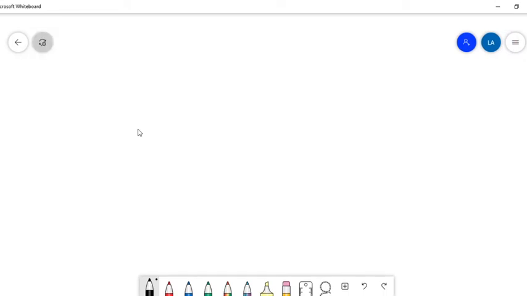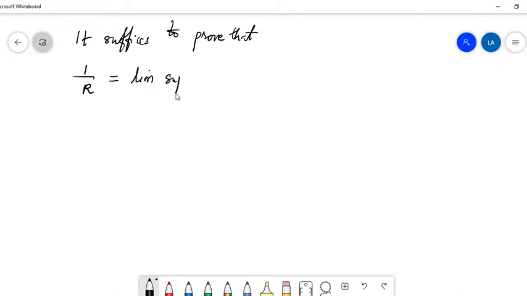Now it suffices to prove that 1 by r is equal to the limit supremum as n tends to infinity of modulus of n into a_n the whole raised to 1 by n minus 1.